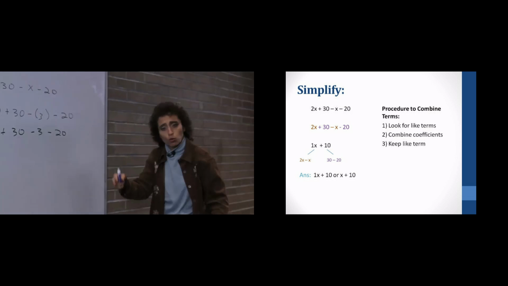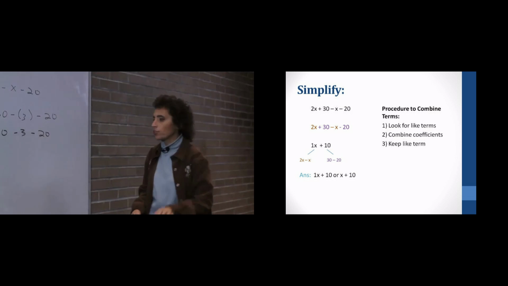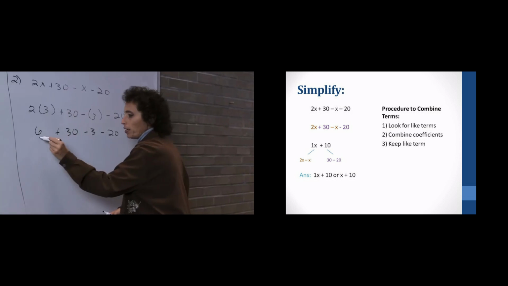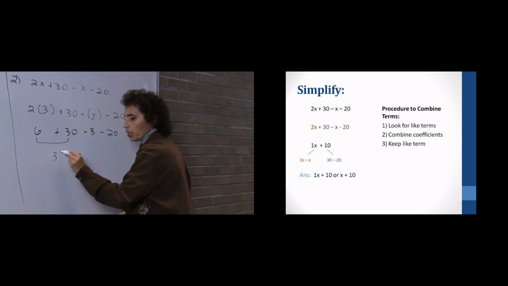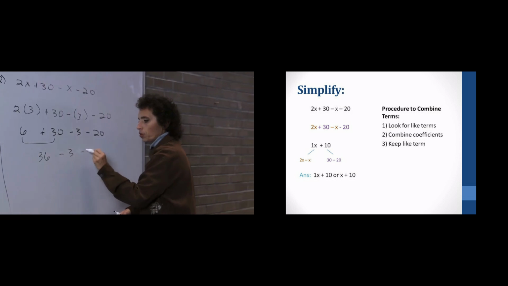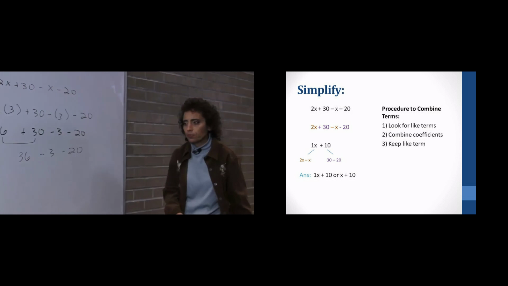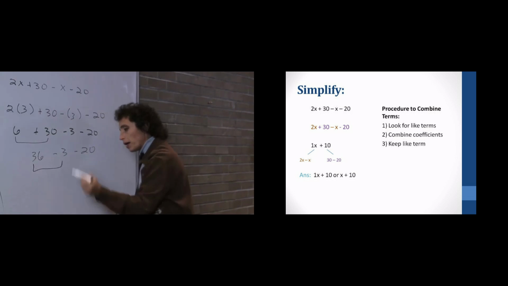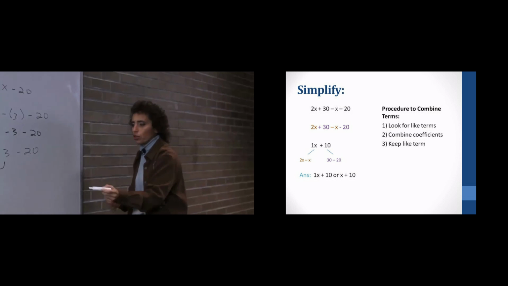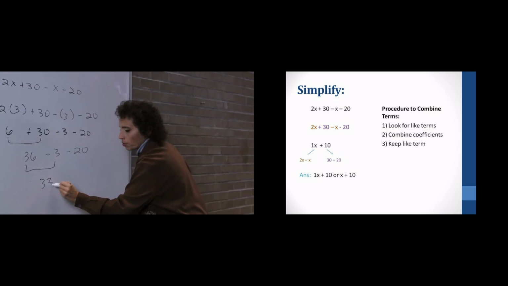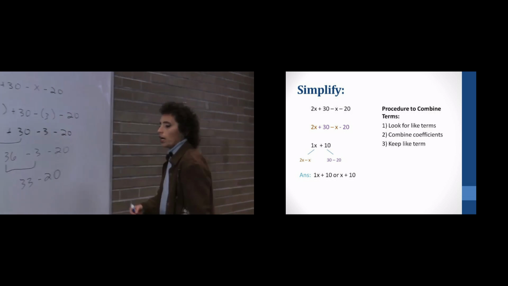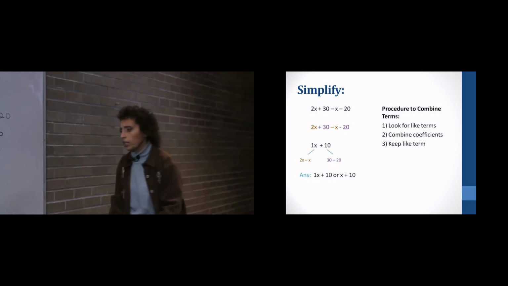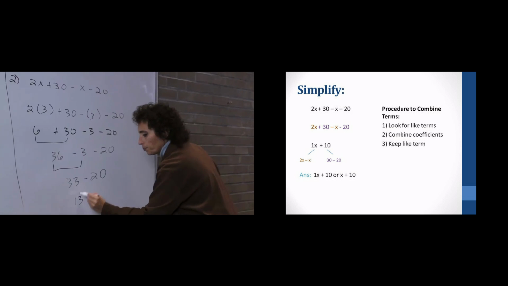Now we're going to go left to right. 6 plus 30 is 36, minus 3, minus 20. Now, either 36 minus 3 or back to I have 36, I owe you 3, so I have 33. I have 33, but I owe you 20, so I have 13.